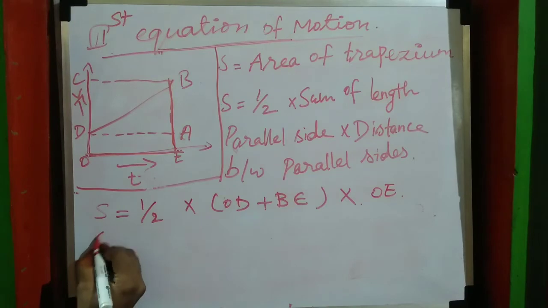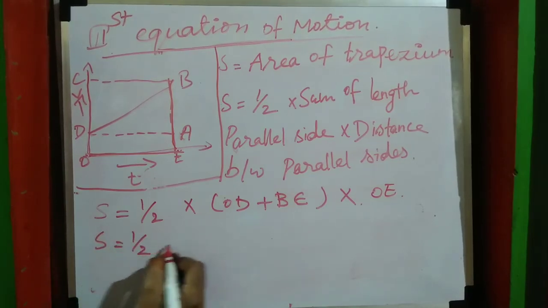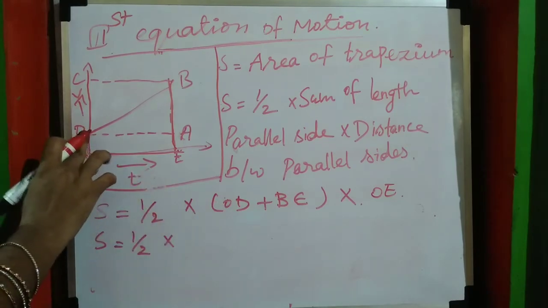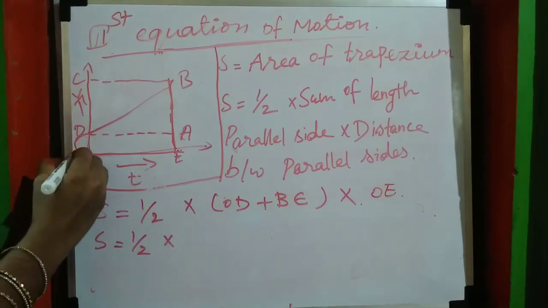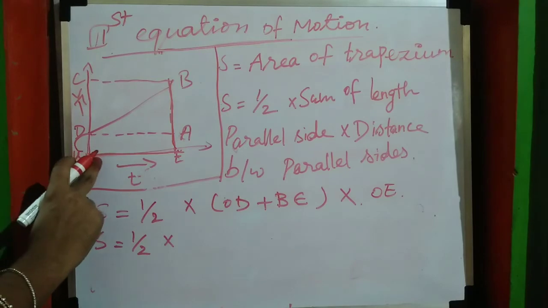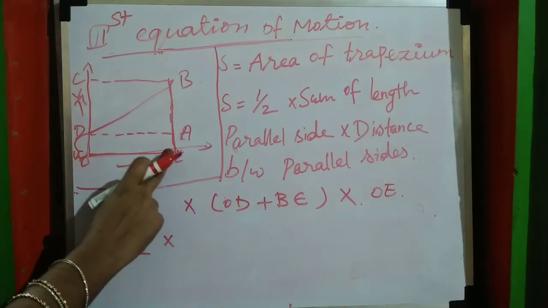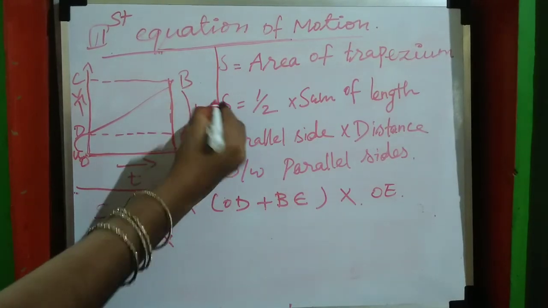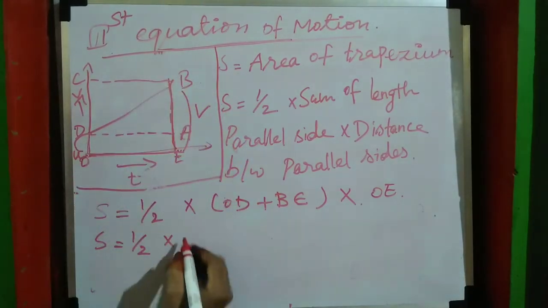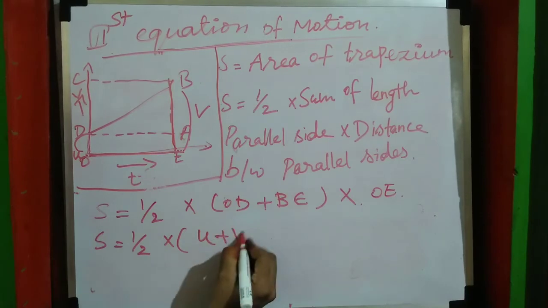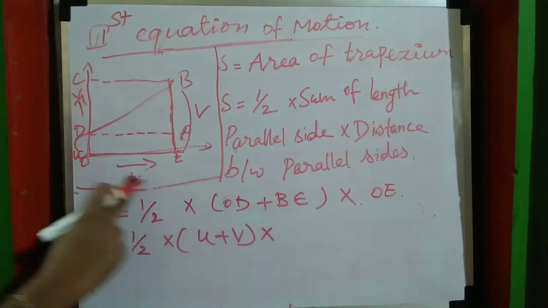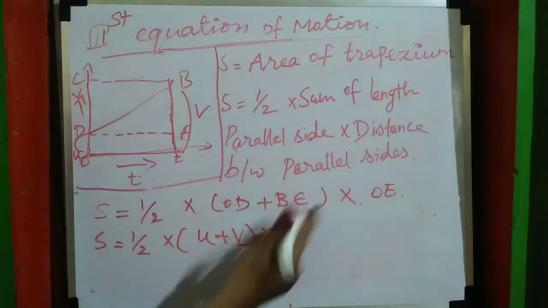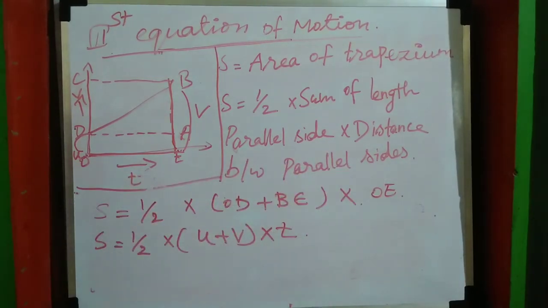Apply this value. S is equal to half of OD plus BE. OD is denoted initial velocity u and BE is denoted final velocity v. So apply this value: u plus v into OE, and OE is denoted time t. So OE is equal to time t.